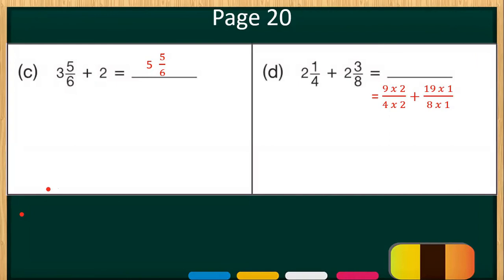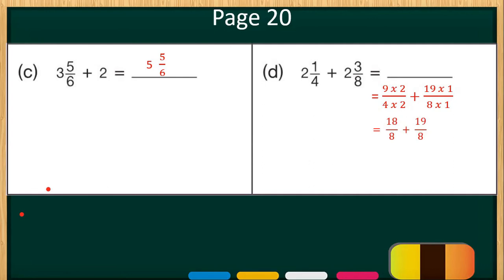So my question is 9 times 2 equals 18. Very good. How about 19 times 1? 19. Very good. So our answer is 18 over 8 plus 19 over 8.